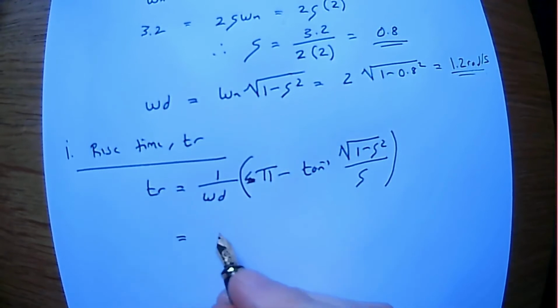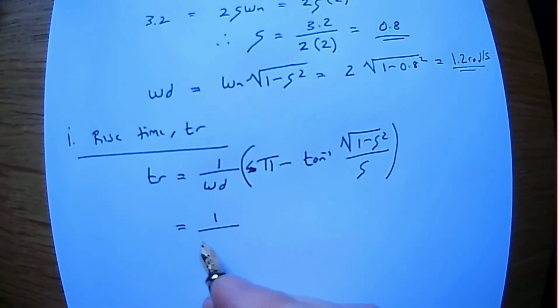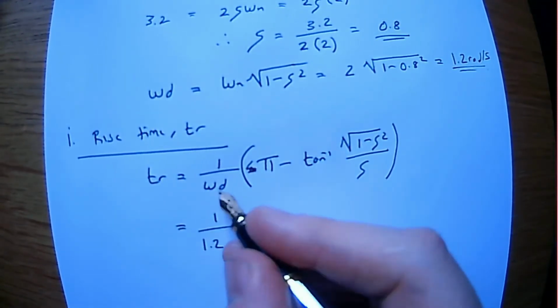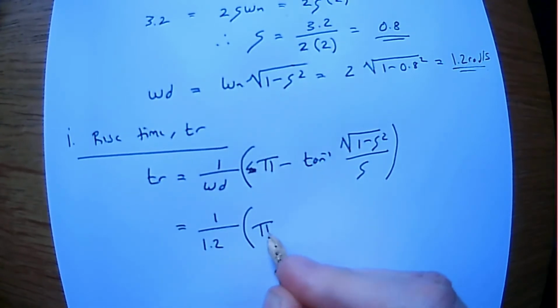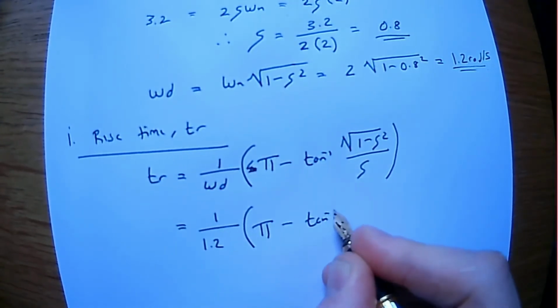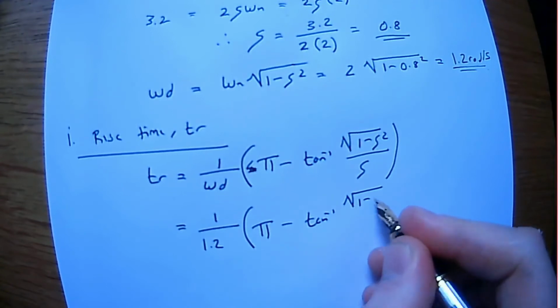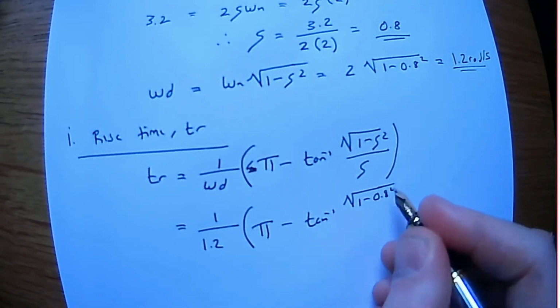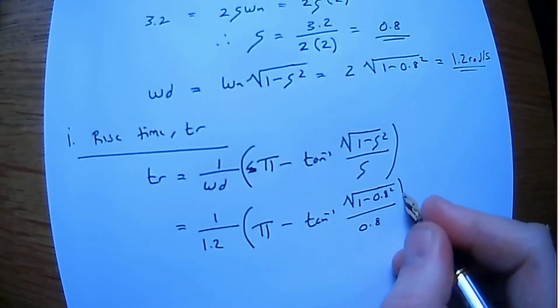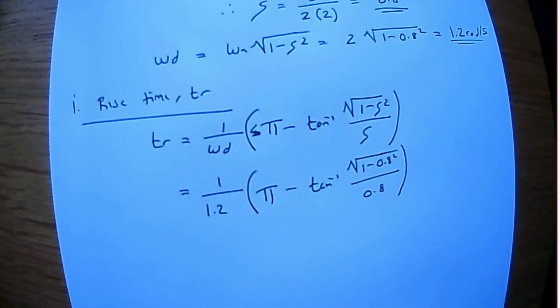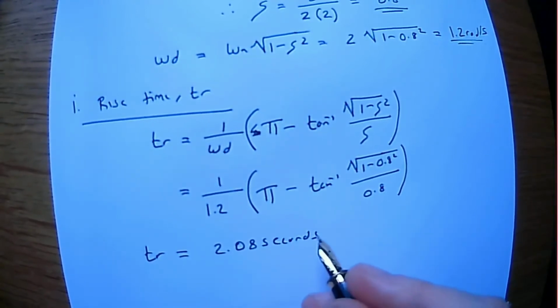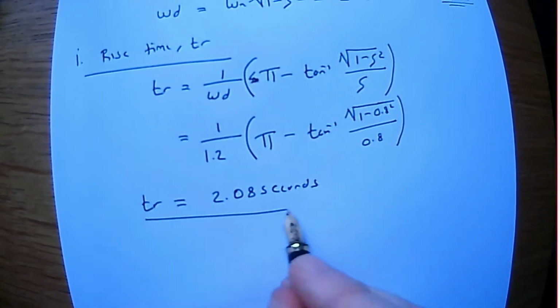If we substitute in the values, the damped frequency is 1.2, and the damping ratio is 0.8 over 0.8. Then if you put that into your calculator, just remember to make sure your calculator is in radians, you should end up with 2.08 seconds. That's your rise time.